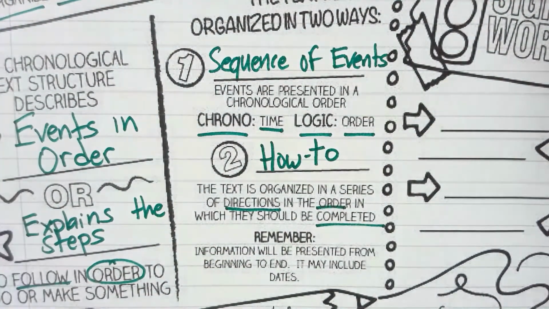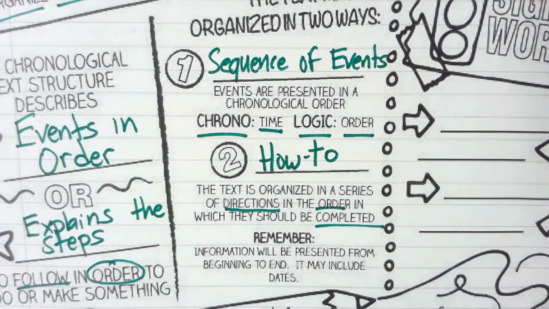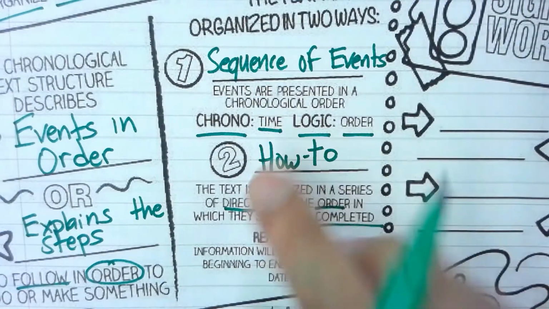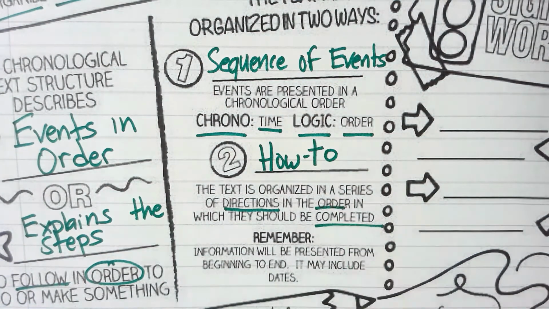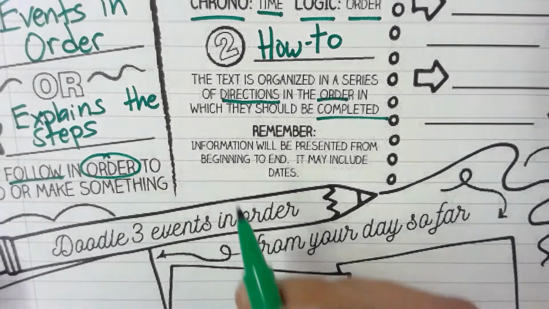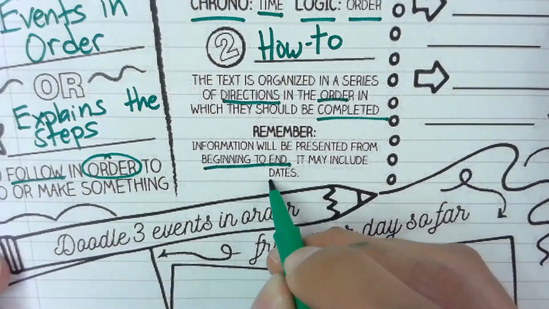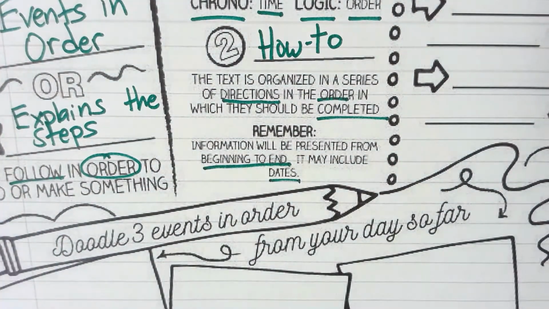So either the text that's in chronological order is going to be written as a sequence of events presented in chronological order because of time, or as how-to, directions in order that need to be completed. Remember, information will be presented from beginning to end. That's big. It may include dates like years, the month, the day.